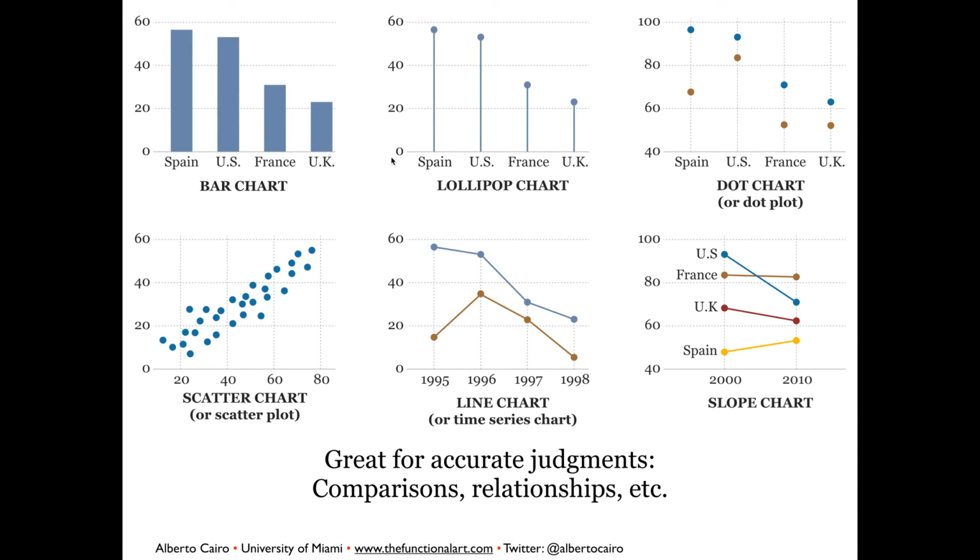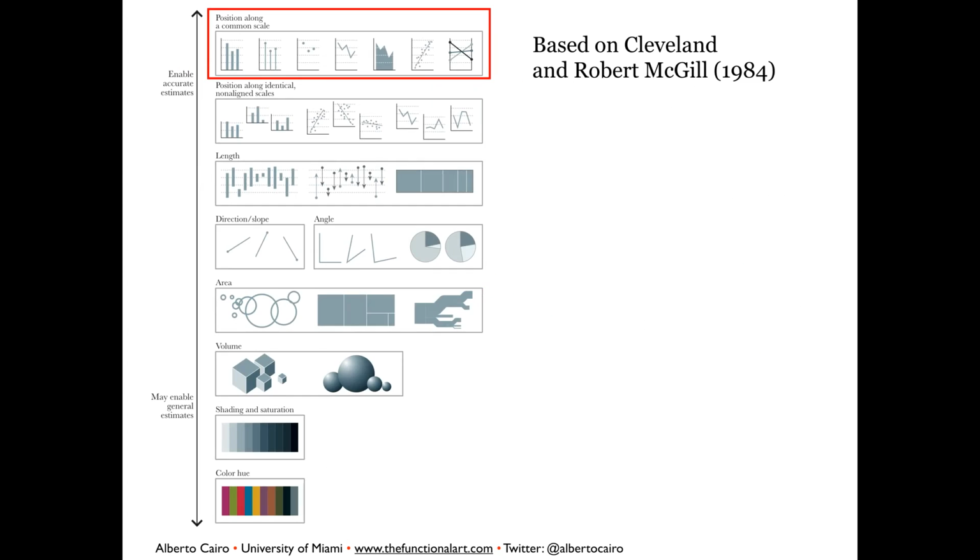Graphic forms that are based on common scales, and that have the position of an object along common scales as the main cue to calculate or to estimate the numbers, are the ones that allow for the most accurate judgment.